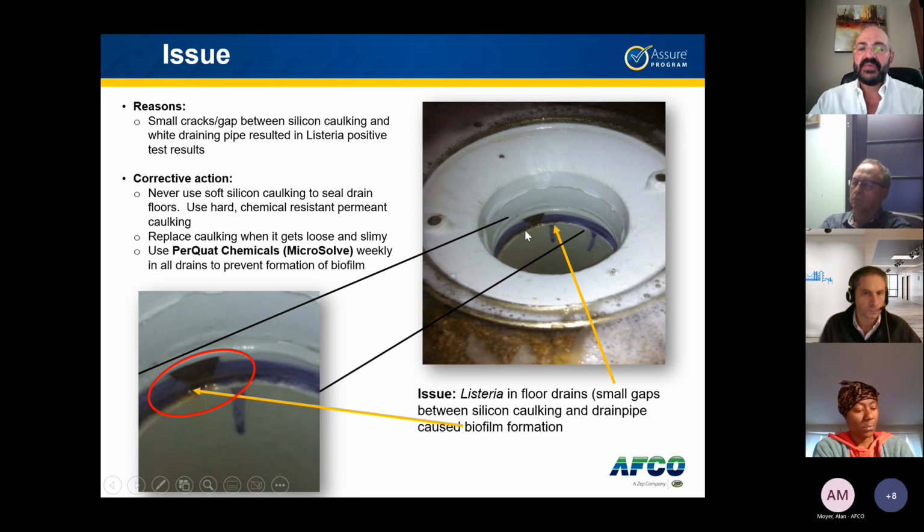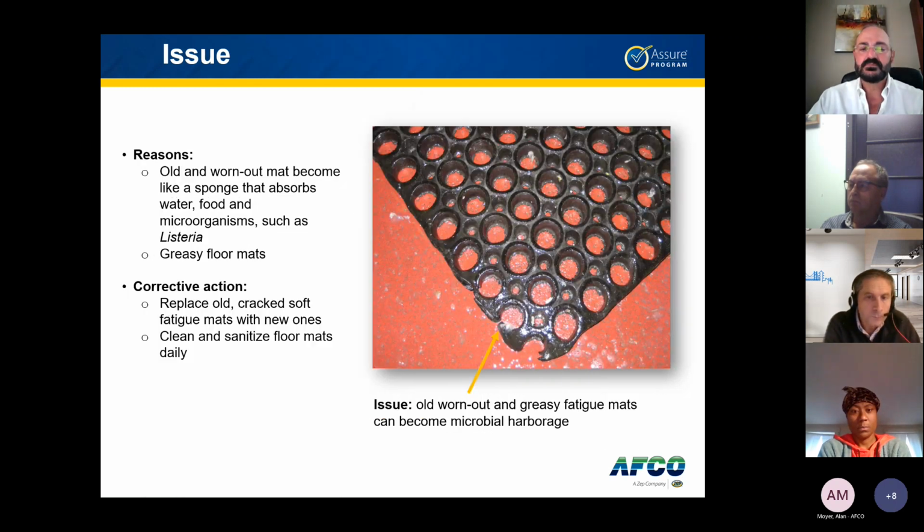You see that? That slime is the source of contamination. So no matter how much soap and sanitizer you put in that drain, if you have slime, which is biofilm, which is not removed with regular detergents and sanitizer, you will always have listeria. So make sure you don't have any cracks or slimy surfaces inside the drains as well.